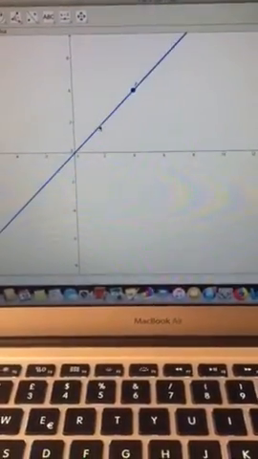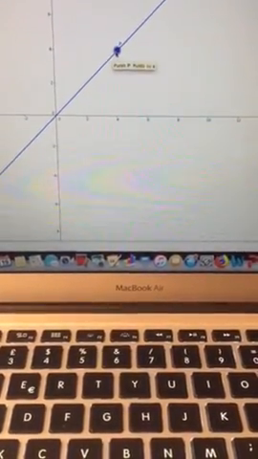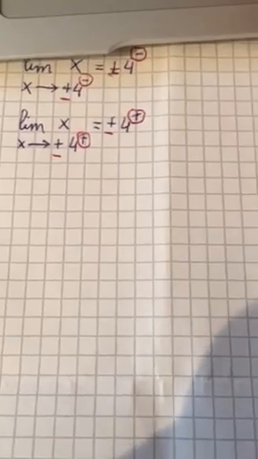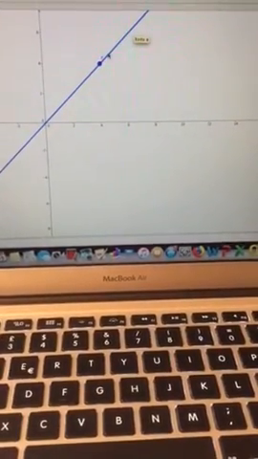So here is the limit, so the function approaches the value from the left and from below. And the limit of x as x approaches plus 4 from the right is equal to plus 4 from above. So in this case, the function approaches the value from above and from the right.